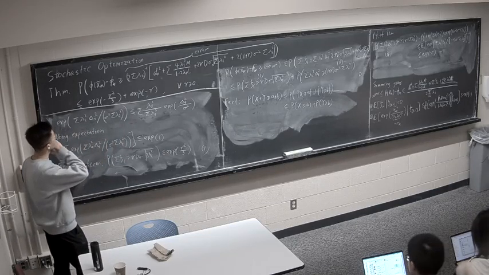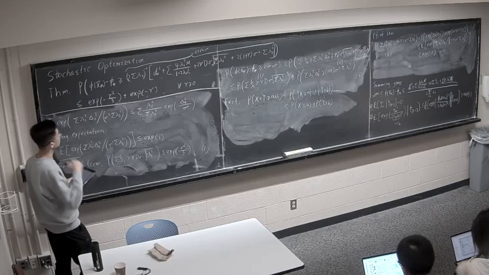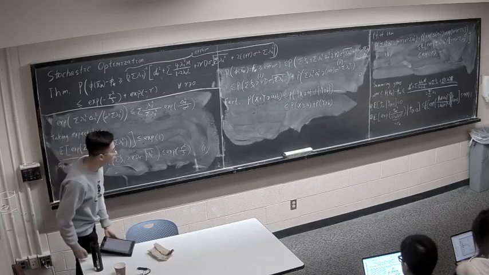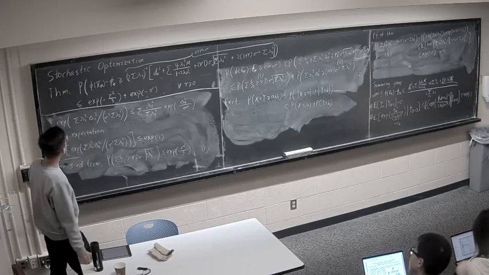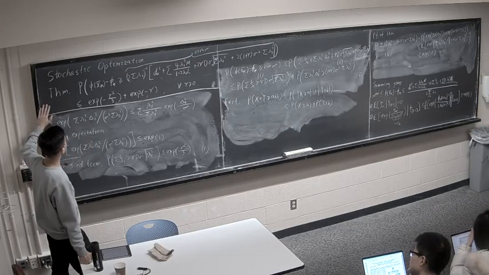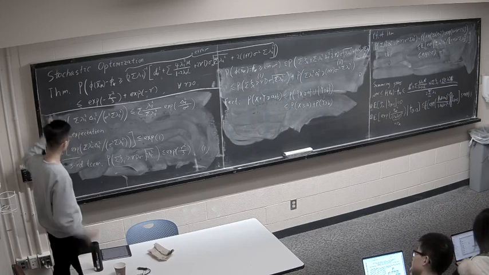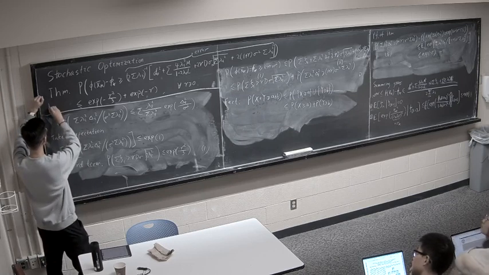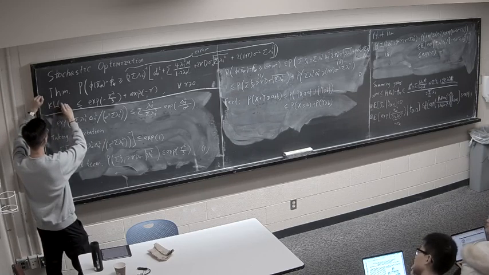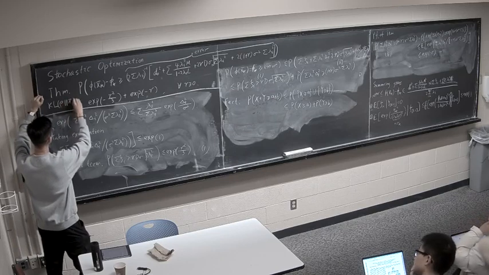Okay, so that completes the lecture on stochastic optimization. So we began from a motivating example of sampling, and then we draw the connection between sampling and optimization. By switching the order in the KL divergence, we try to minimize the KL divergence of some rho and the target distribution pi.